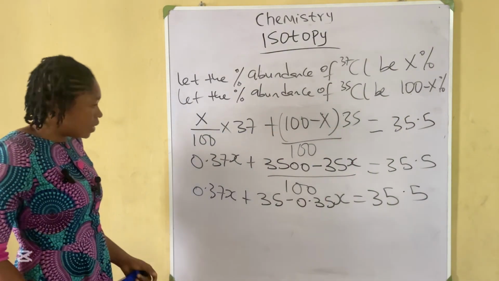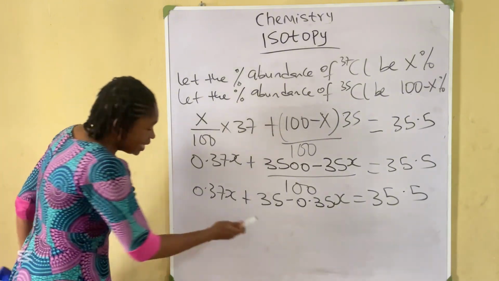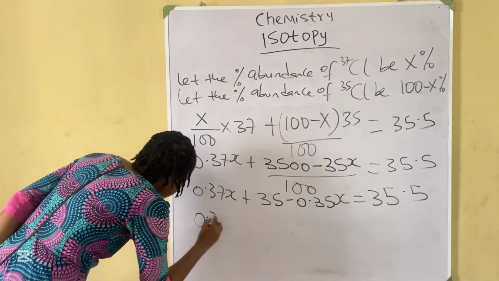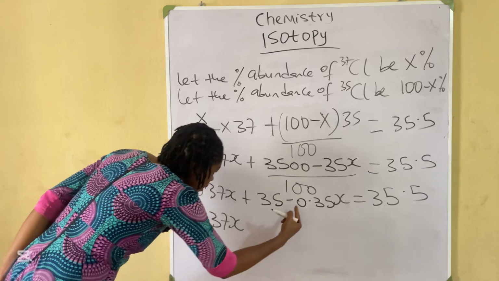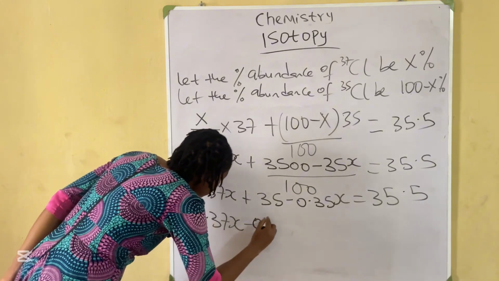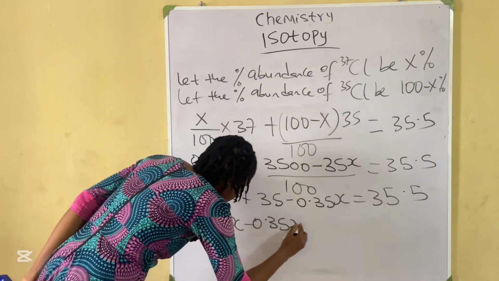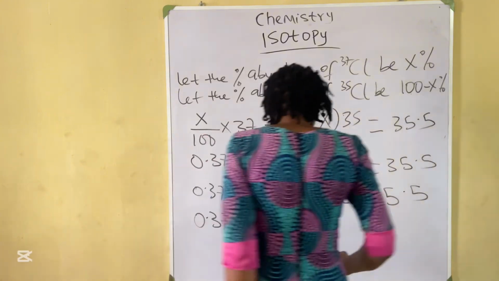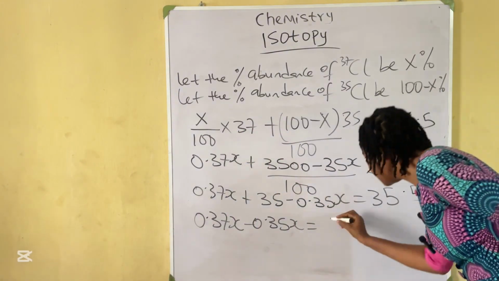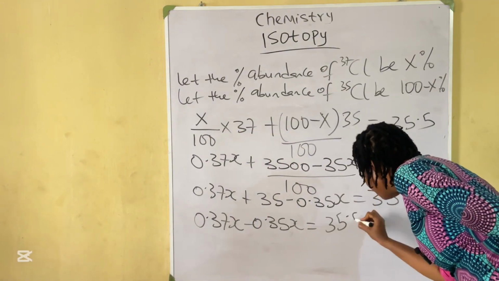To collect like terms. So 0.37x, this one coming here, that's minus 0.35x, is equals to, this one's already here, 35.5.